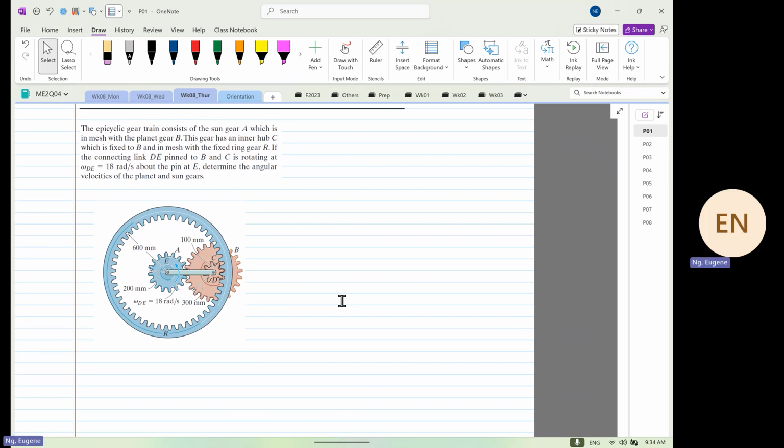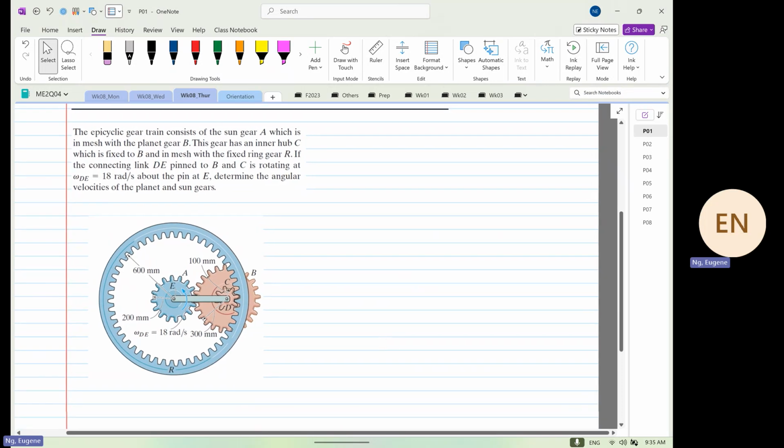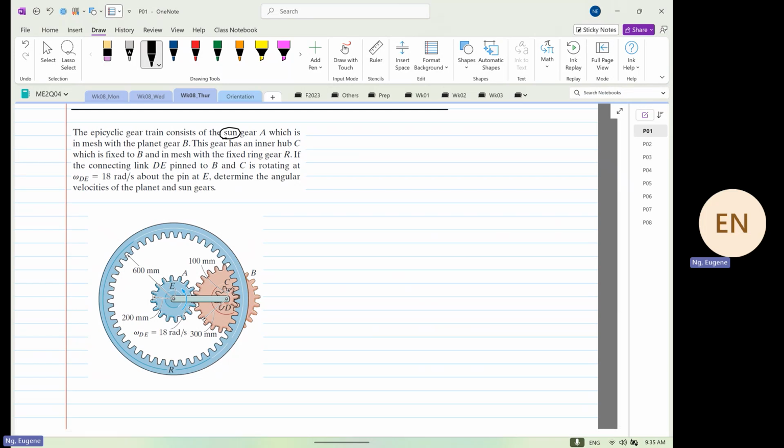So what we have over here is an epicyclic gear train, which consists of what we call a sun gear. Sun gear is gear A, which is in mesh with the planetary gear B. So you come up with a name, sun, and then planetary gear.